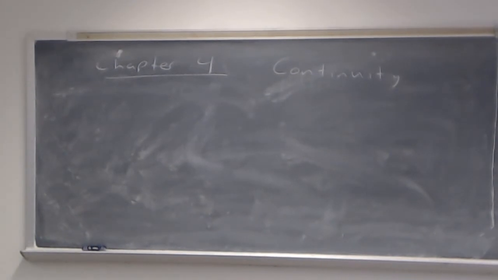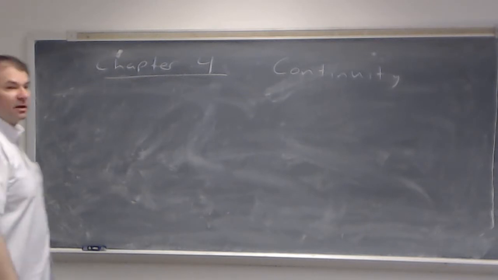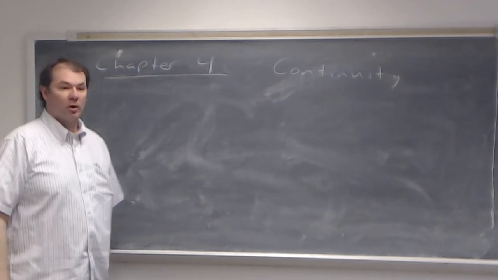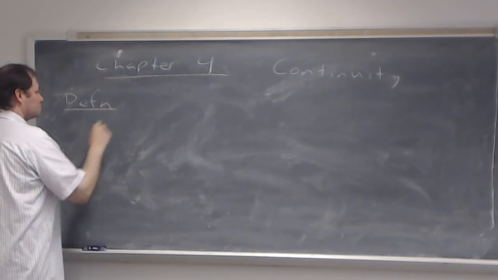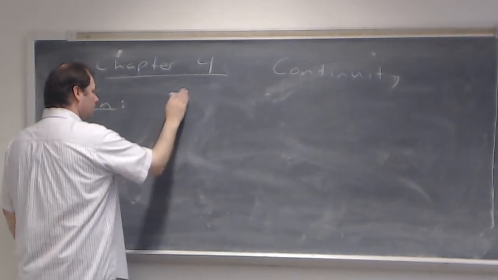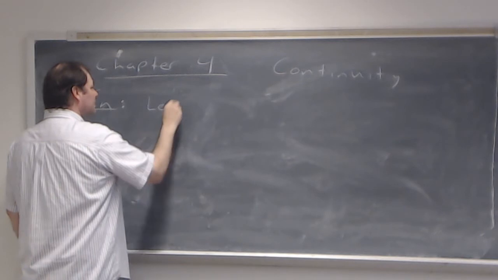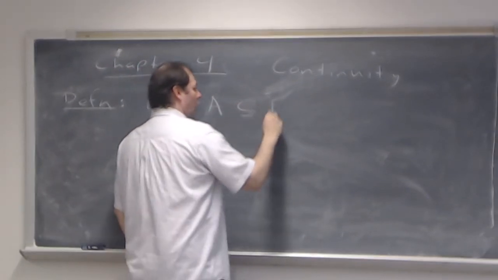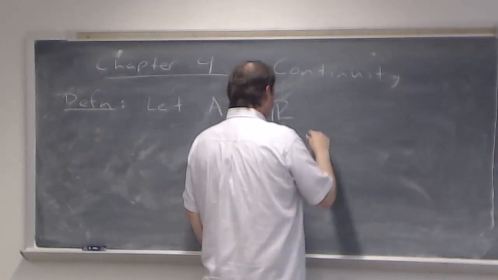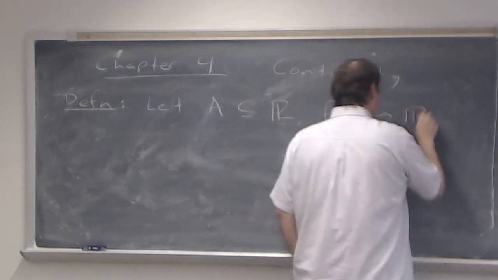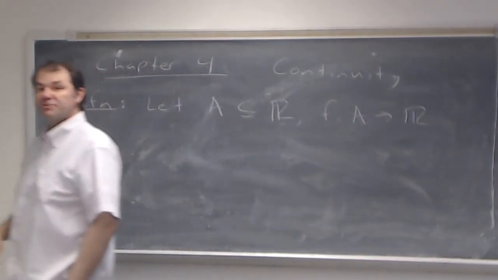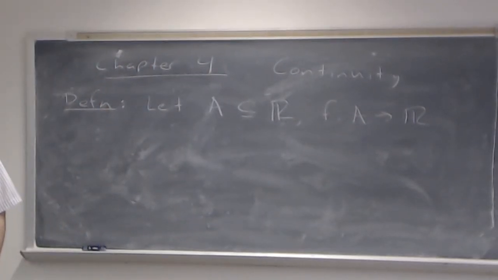One of the beautiful things about mathematics is we say exactly what something is. So here's what it means for a function to be continuous at a point. Here's the definition. First of all, we let A be a subset of R, the setup for continuity. f goes from A into R, and here's the first difference between continuity and limits.